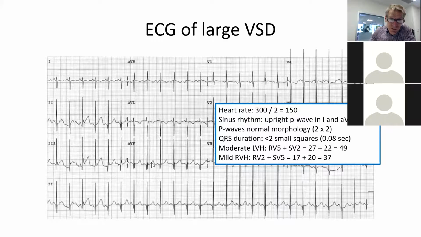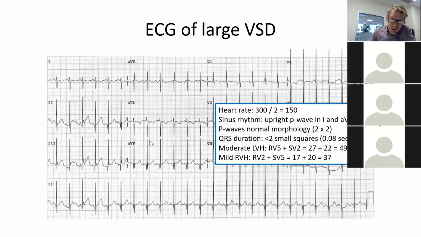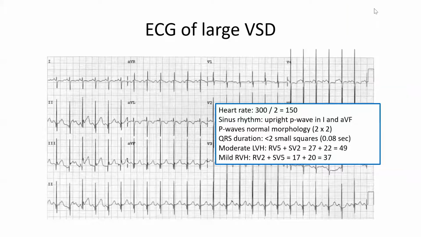You can count the number of small squares. So 5, 10, 15, 20, maybe 21 up and maybe 5 down, you see? All right, and so the net deflection might be positive.